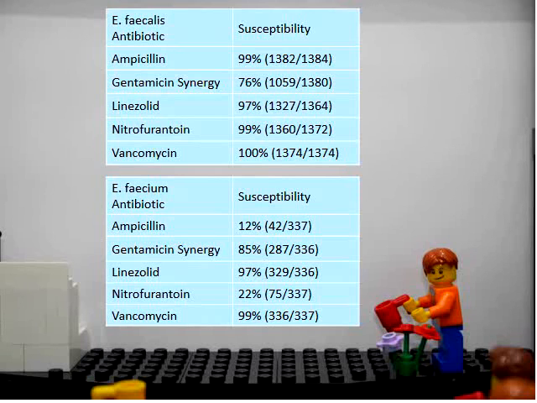Now, there are two main species of Enterococcus that you should be aware of, Enterococcus faecalis and Enterococcus faecium. Enterococcus faecalis, much more indolent, much less of a problem, also much more sensitive, as you can see, to a wide variety of different antibiotics, including vancomycin and linezolid and ampicillin.